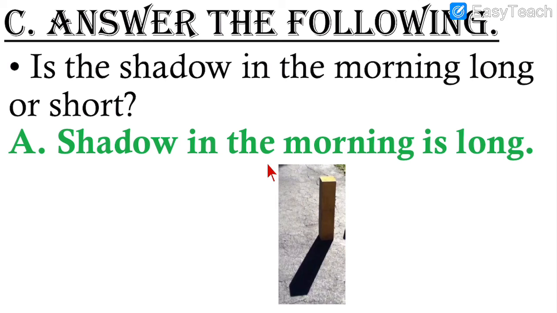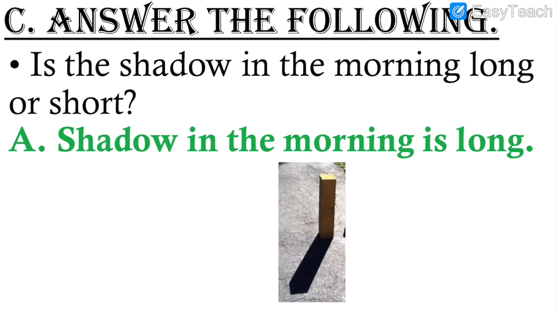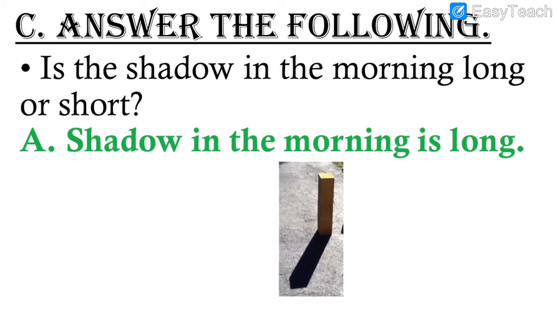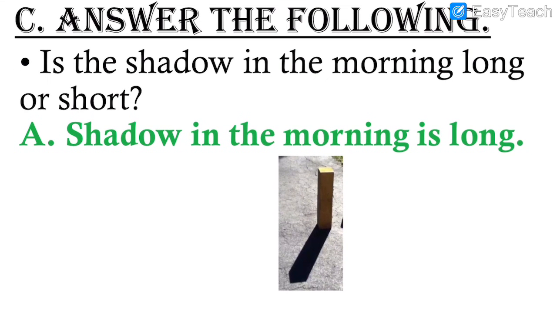Then we have question answers. Answer the following questions. Write it one time. Question number 1. Is the shadow in the morning long or short? How is the shadow in the morning? So we have just learnt about the size of the shadow. Shadow in the morning is long.